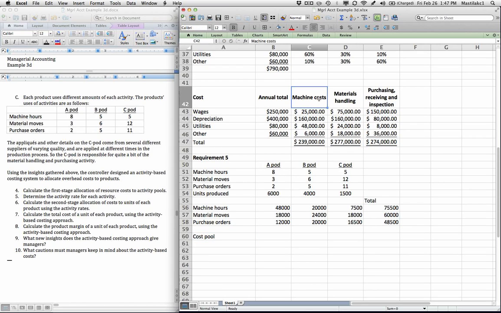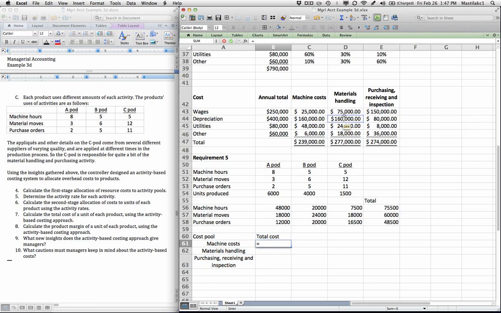So we've got our 3 cost pools: machine cost, materials handling, and purchasing, receiving, and inspection. We've got our total cost of $239 for machine cost, $277 for materials handling, and $274 for purchasing, receiving, and inspection.